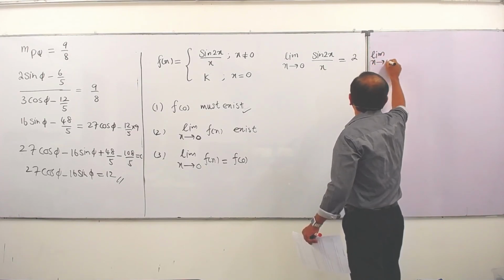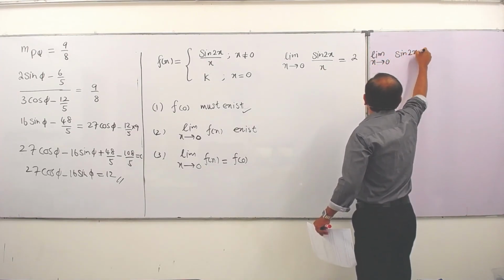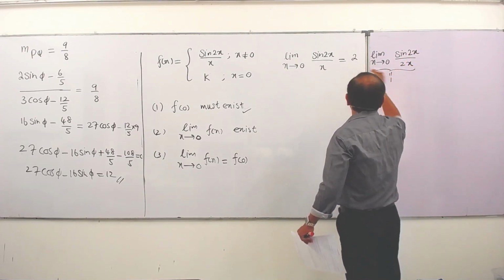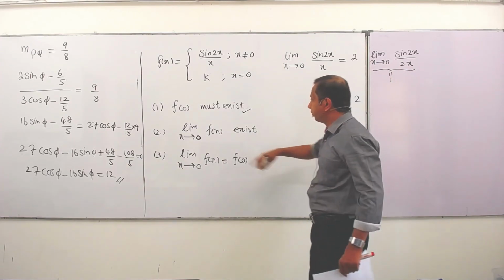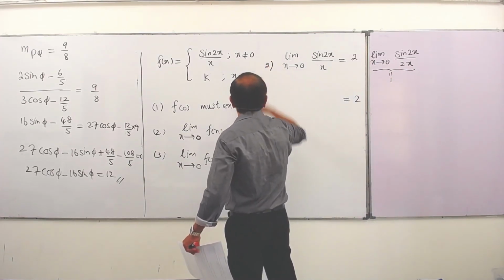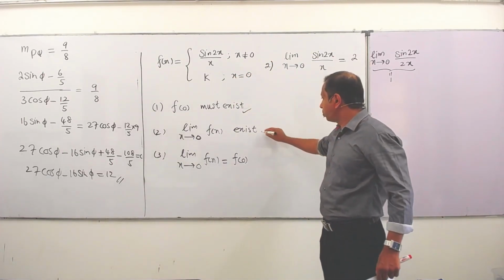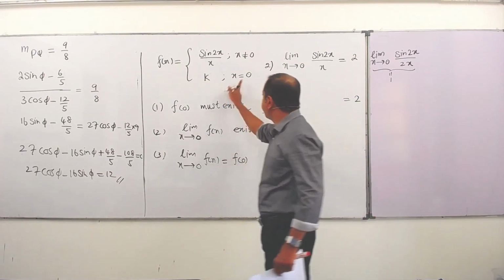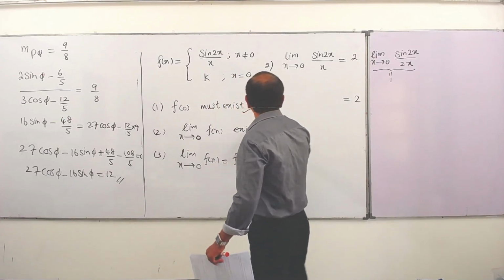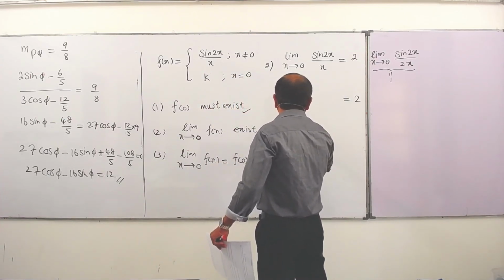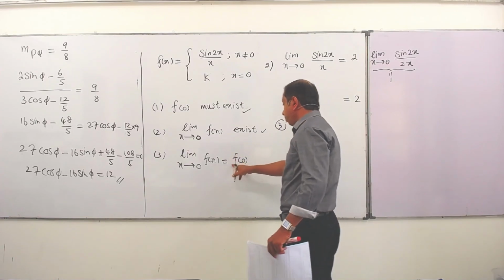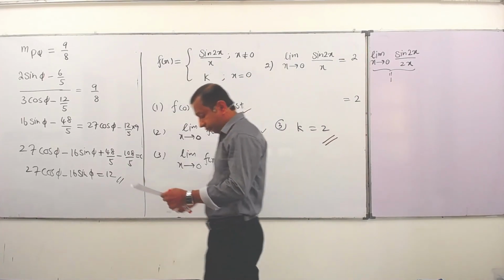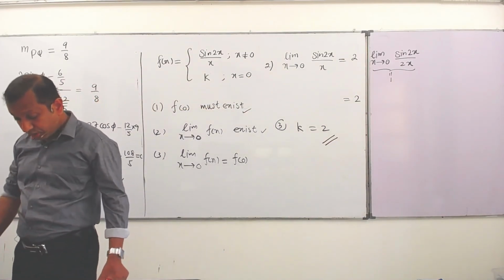Limit as x goes to 0 of sin 2x divided by 2x, you know this is 1. 2 into 1 means 2. Third one, this and this should be equal. f(0) is k, so k should be equal to this one, which is 2. Then k equals 2.